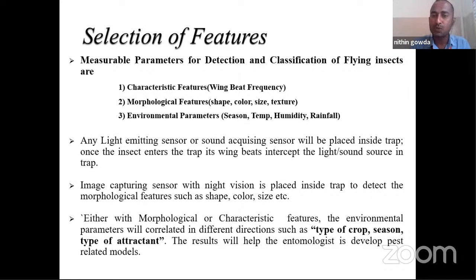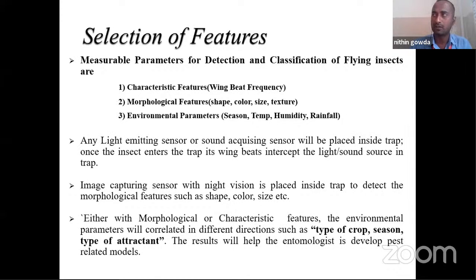The main attribute that we are going to consider in the characteristic feature is wing beat frequency. In the next slides, I will show how to record that wing beat frequency to identify any particular insect.